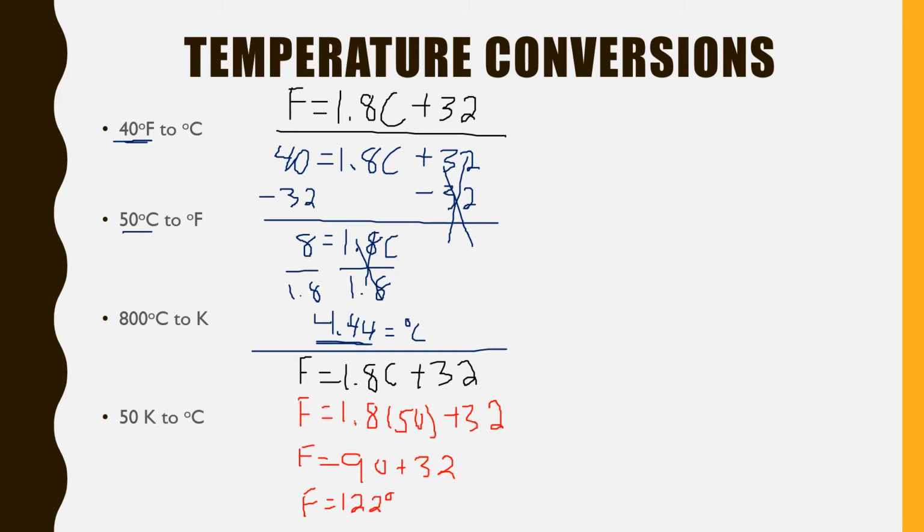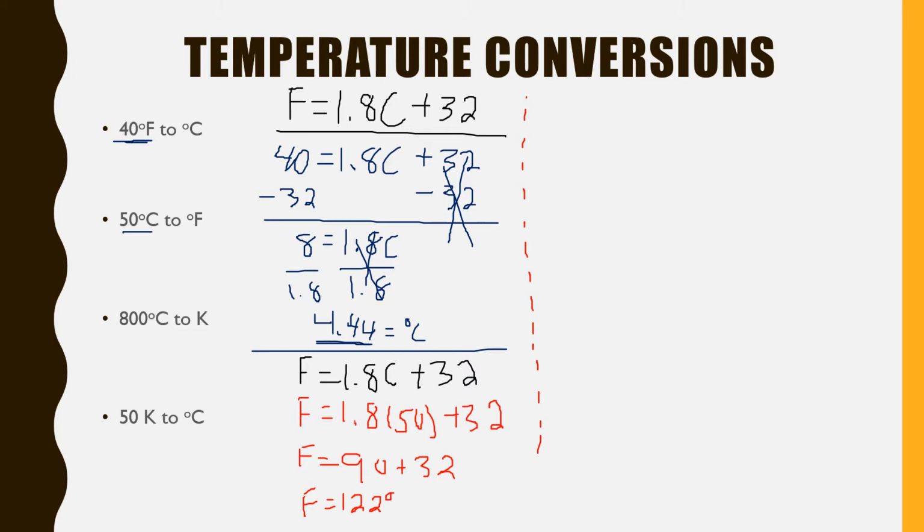So 50 degrees Celsius is exactly the same as 122 degrees Fahrenheit. So 50 degrees Celsius is pretty hot, whereas 40 degrees Fahrenheit is pretty cold. I want you to have a concept as to these temperatures. So that's how you use the Fahrenheit to Celsius equation.